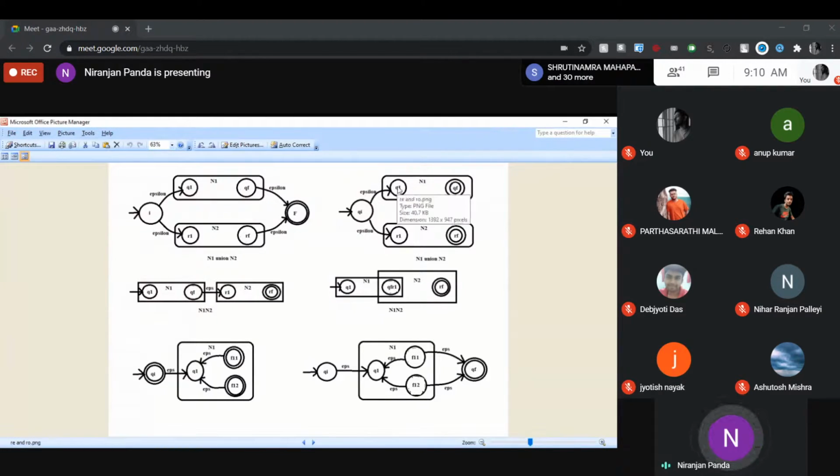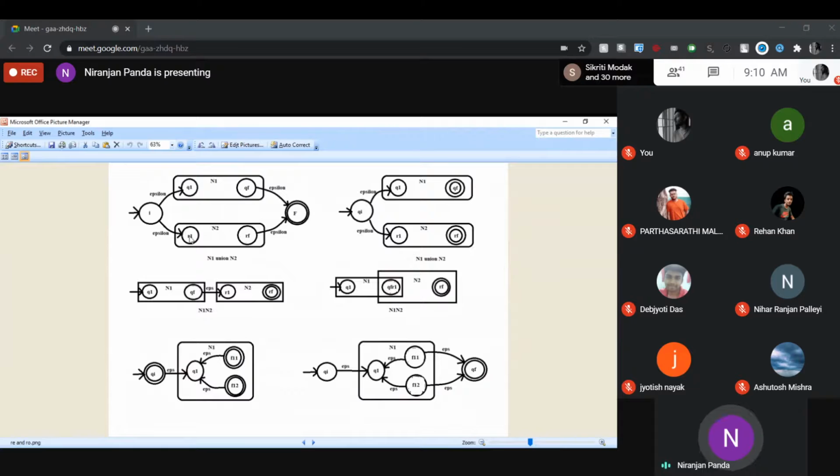Then whatever I discussed yesterday, that was the concept that if two automatons are there, first one N1, second one N2, then create a new initial state and join the initial states of both with epsilon. But here one thing you can see is that there are two final states.